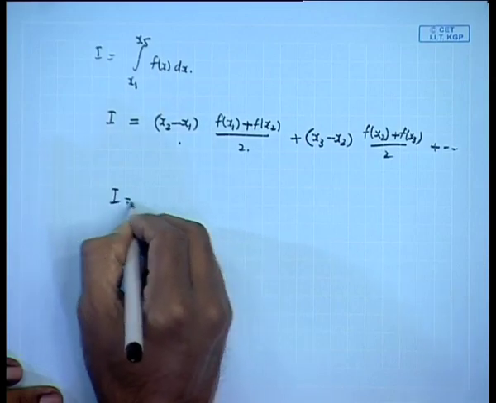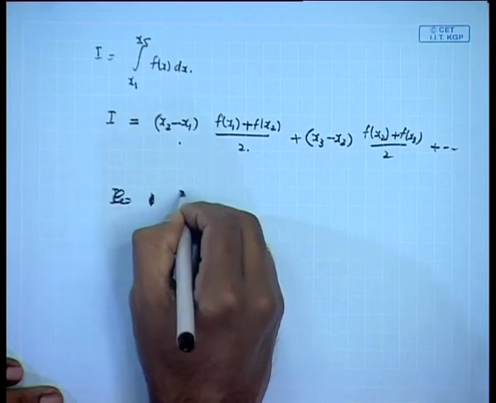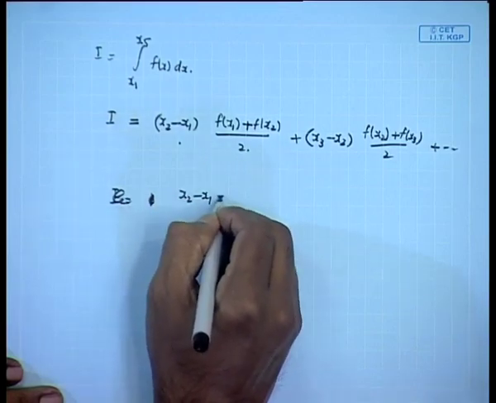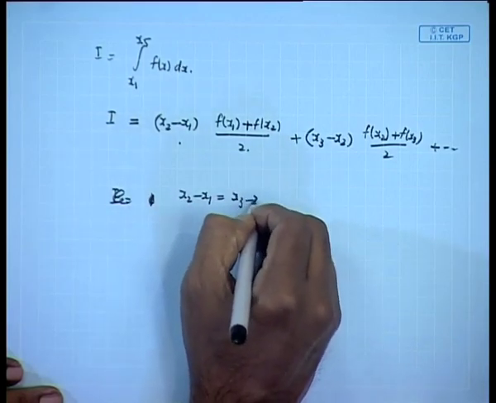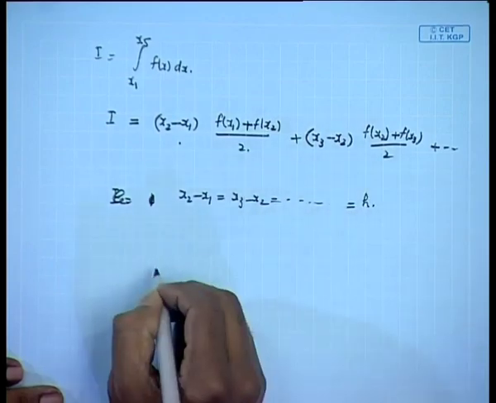Let us first assume that x2 minus x1 is equal to x3 minus x2, and all of them are equal to h.